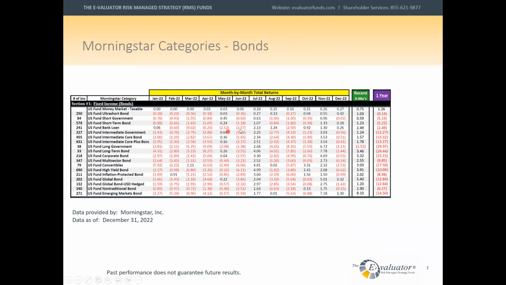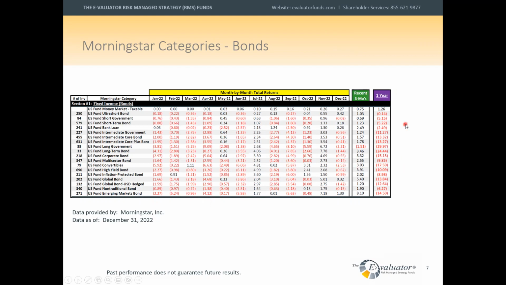If, for instance, here in June, except for money market, all the other categories for that month posted losses because the numbers are in red. But then in July, everything posted a gain. So we can see month by month. We can see the most recent 3 months ending December 31st, and then we can see for the year.